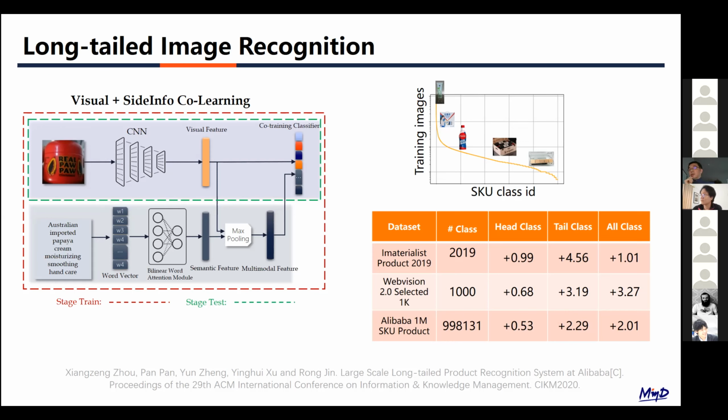As you can see from the table, for three different data sets, if we look at the head class, adding the textual information, you will observe a relatively small improvement in performance. But when we examine the performance over the tail class, we actually see a substantial performance gain due to the introduction of this additional textual information. So this very simple approach allowed us to beef up the performance, particularly for the tail class.